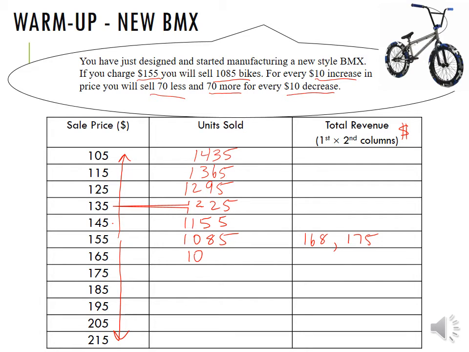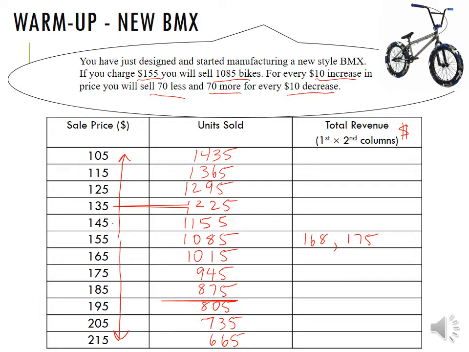That's going to result in 1,015. Keep increasing the price by $10. I'm going to keep subtracting 70 bikes. Keep going. 735 and 665.